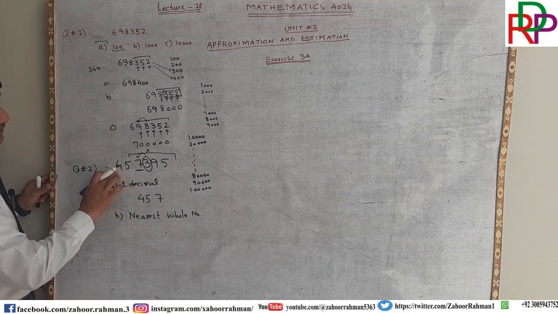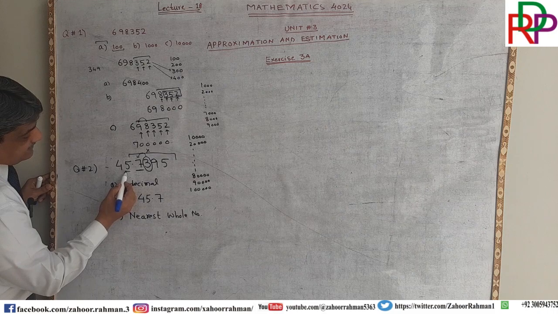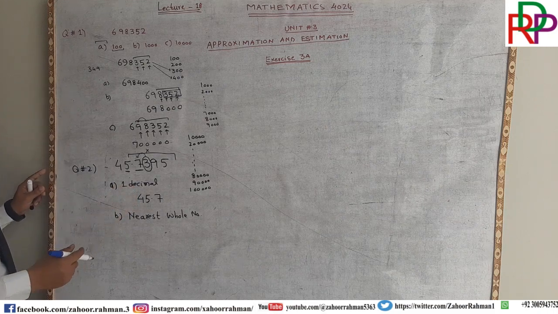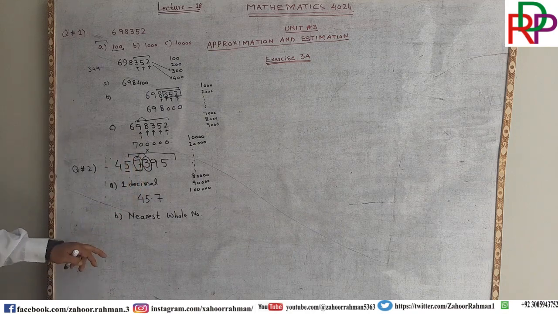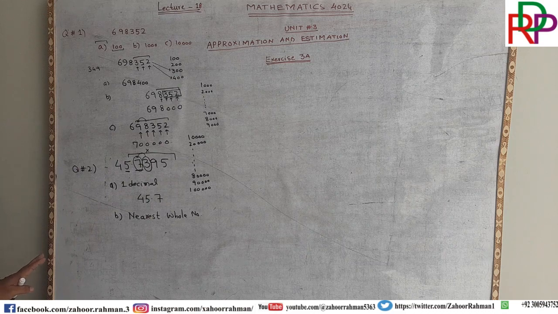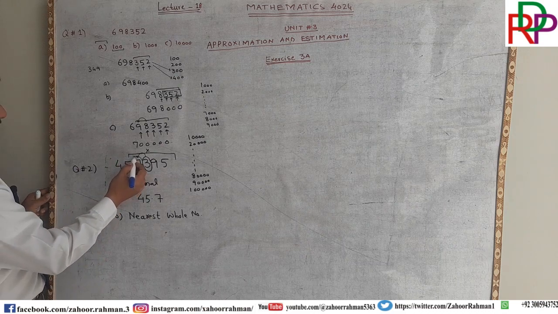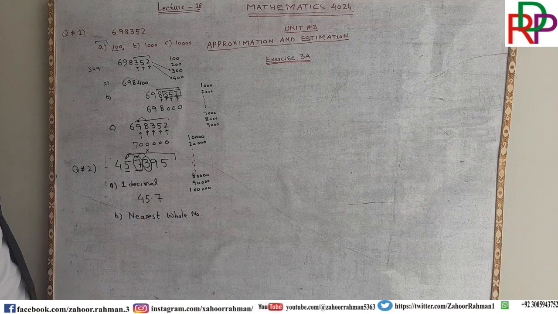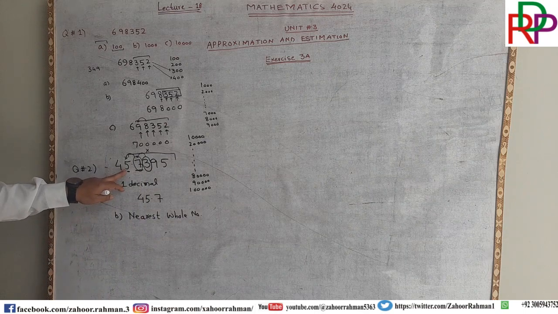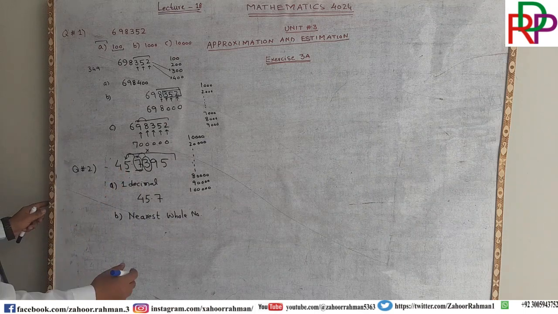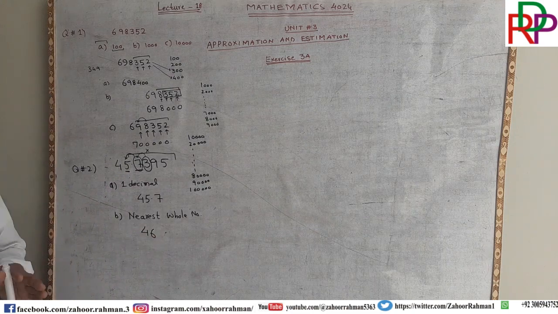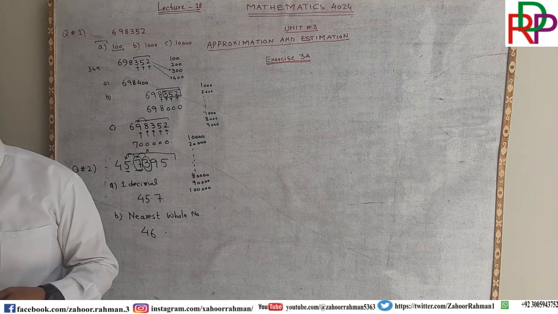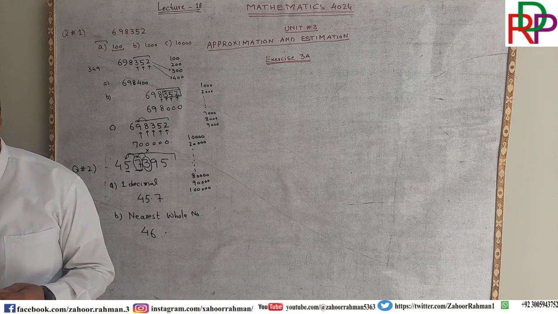We have to encircle this number because it is greater than or equal to 5. We have to add 1 to this number, and that is 5, so it will become 6. So 46 is the answer, nothing else. Only 46 will be the answer.